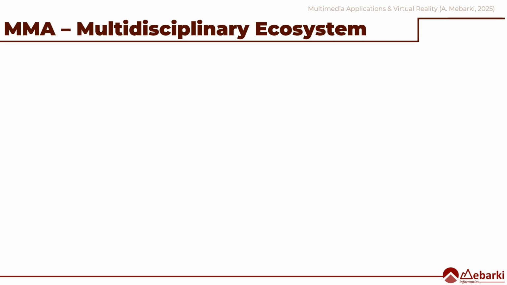To conclude this part, let's remember that a multimedia or mixed or augmented reality application, what we call an MMA, is not just a technological product. It's a complete ecosystem where several worlds meet and interact.